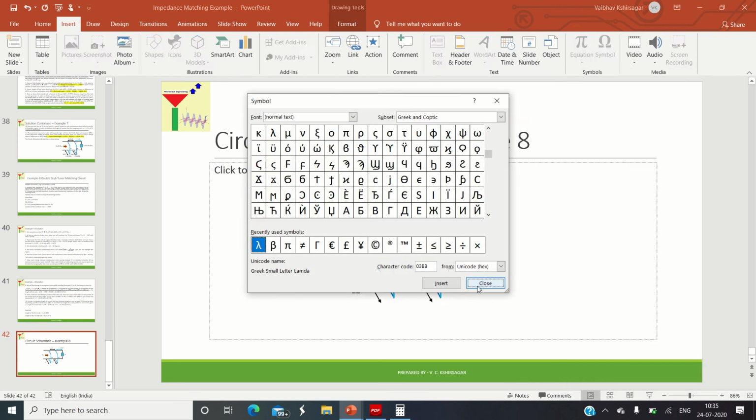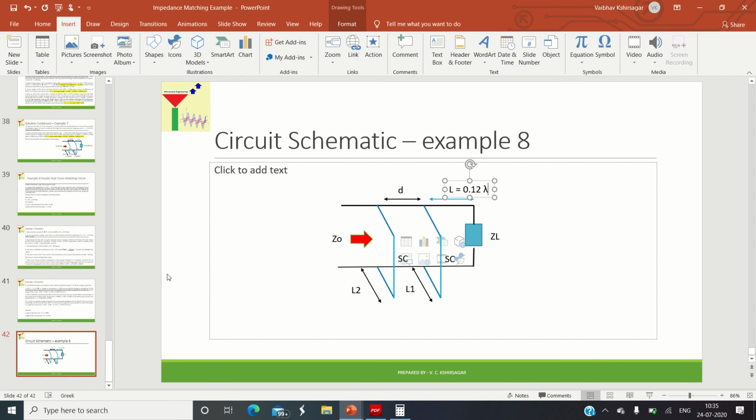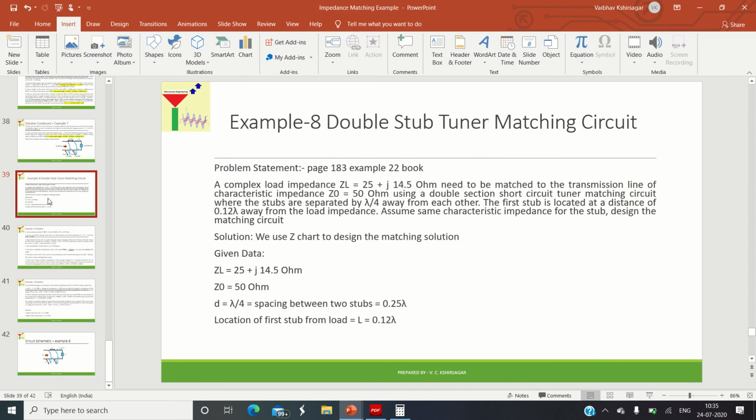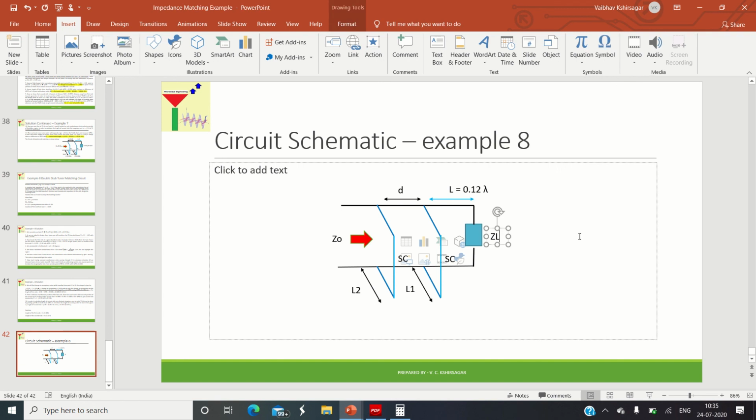Okay, and what is the load impedance? You also need to write the given value of load impedance, 25 plus j 14.5 ohm. Okay, you adjust it so that you will get this value.